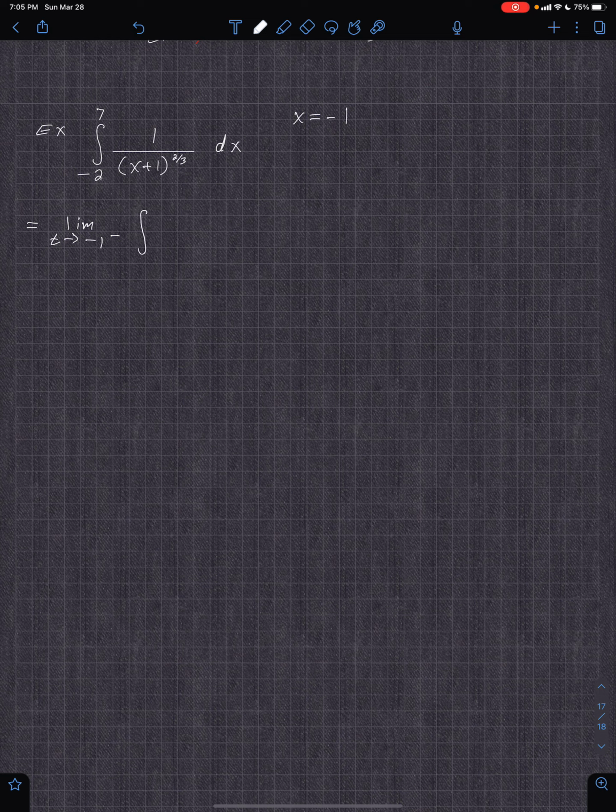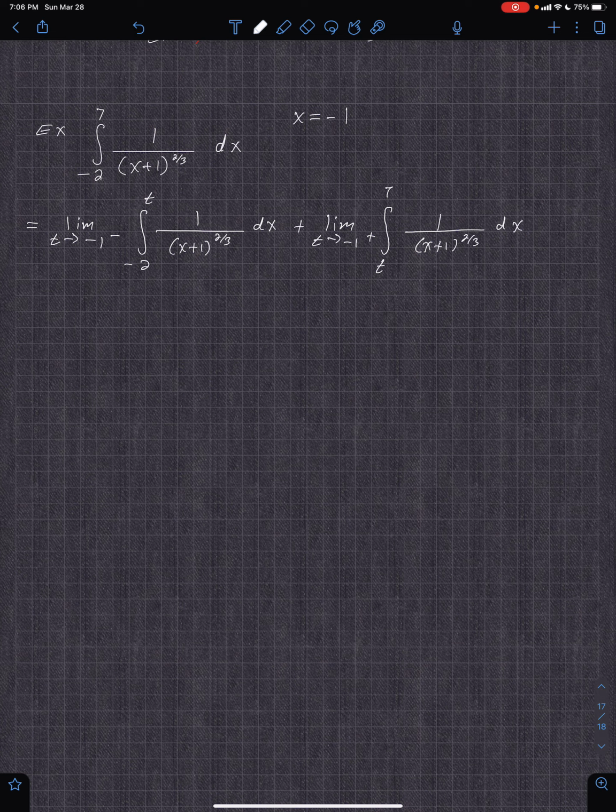So this will go from negative 2 to t of 1 over x plus 1 to the 2/3 dx, and then you do plus the limit as t approaches negative 1 on the right. And you now go from t to 7 of 1 over x plus 1 to the 2/3 dx.